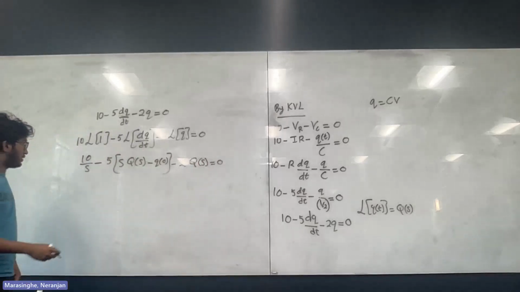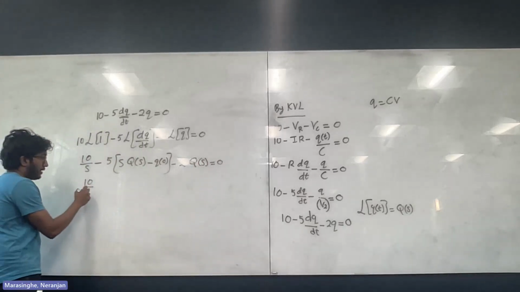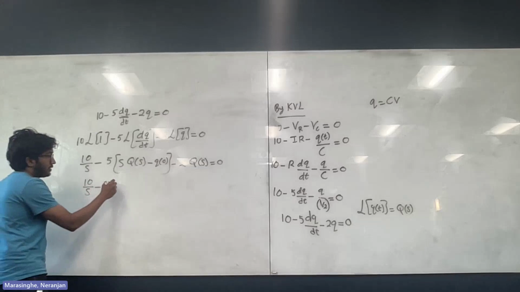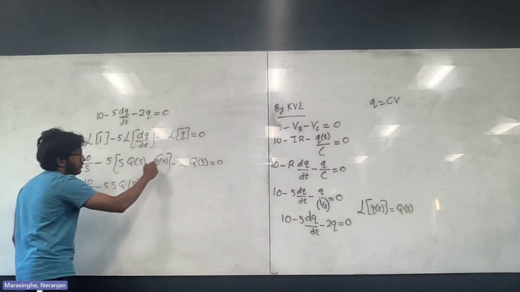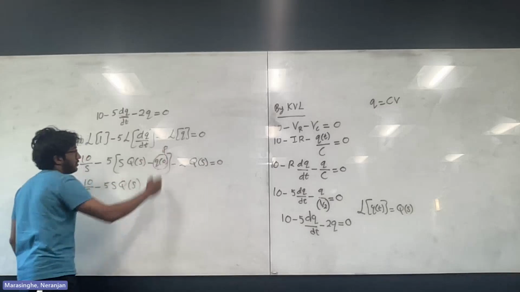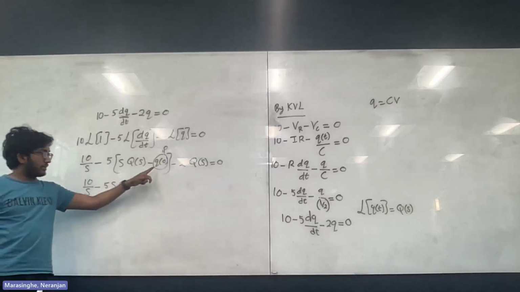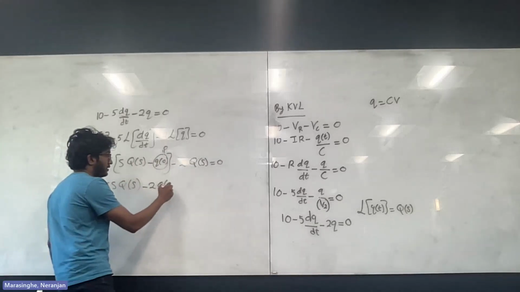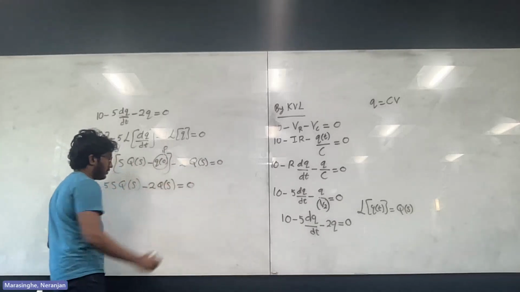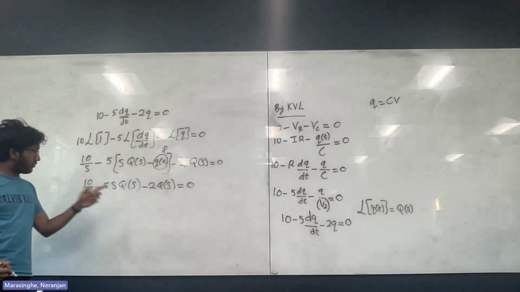So what would I get? 10 divided by s minus 5 times s Q(s), and Q(0) is equal to 0, so I would not get this term. Minus 2 times Q(s) is equal to 0. So what would I get?